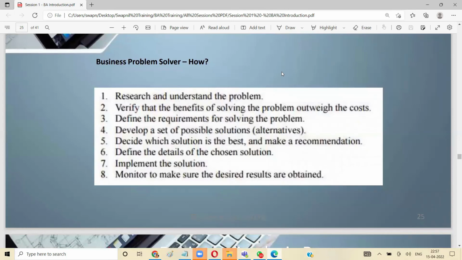As a business analyst, you might be required to work on different projects belonging to different industry segments. So before you actually start solving, you understand the problem, you understand the domain, you understand the problem from the customer's end.